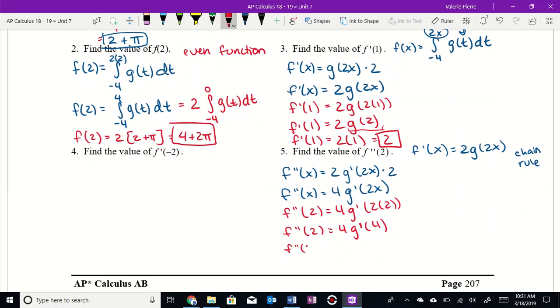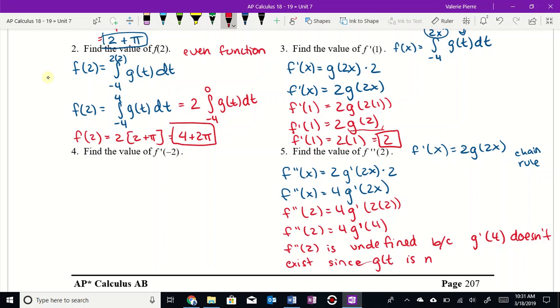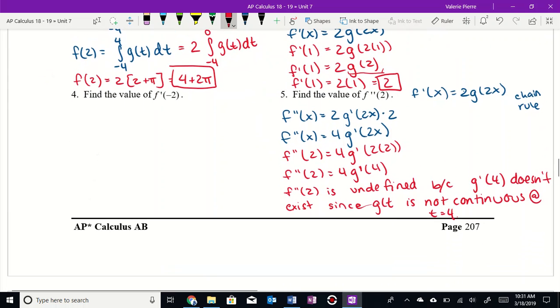So f double prime of 2 is undefined because g prime of 4 doesn't exist, since g of t is not continuous at t equals 4.